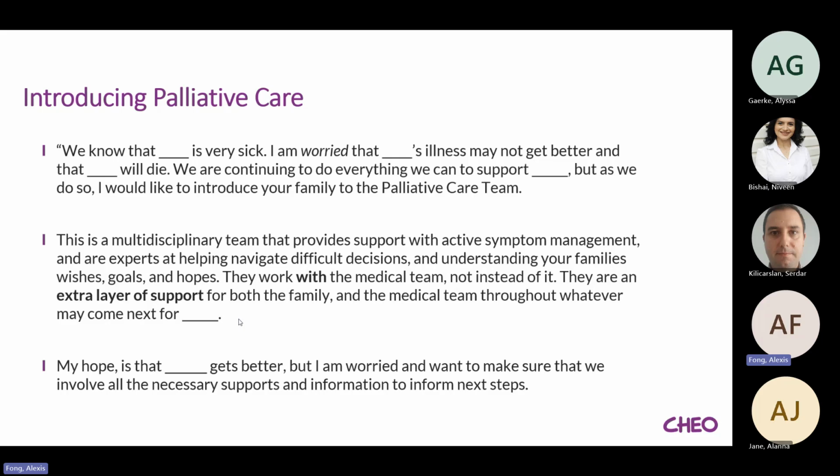This is a multidisciplinary team that provides support with active symptom management, and they're experts at helping navigate difficult decisions and understanding your family's wishes, goals, and hope. They work with the medical team, not instead of it, and they're an extra layer of support for both the family and the medical team throughout whatever may come next for Johnny. My hope is that Johnny gets better, but I am worried and want to make sure that we involve all the necessary supports and information to inform next steps.